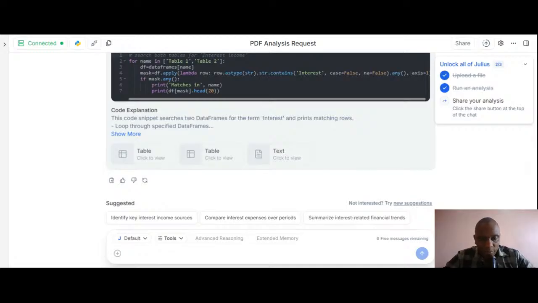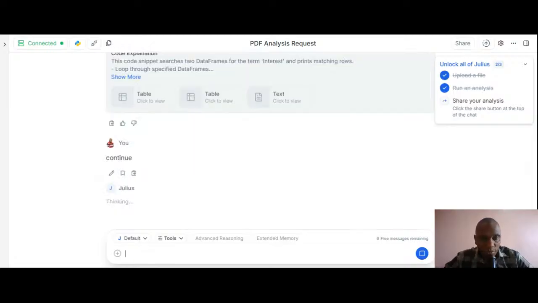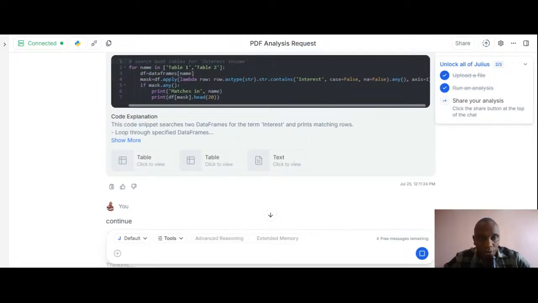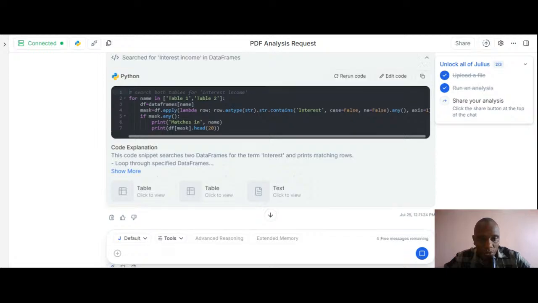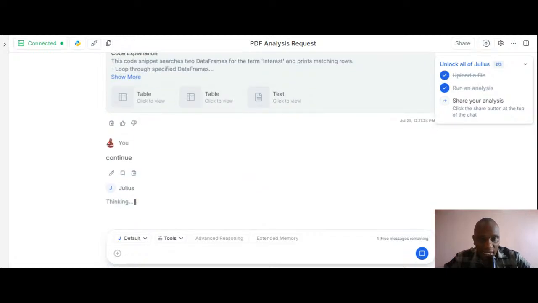One of the things that you should also realize is that it is even guiding you on some of the questions that you can ask on that area.